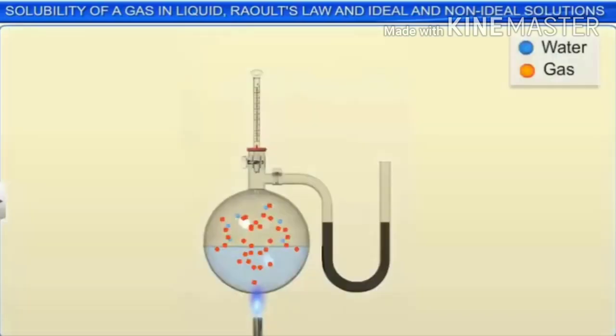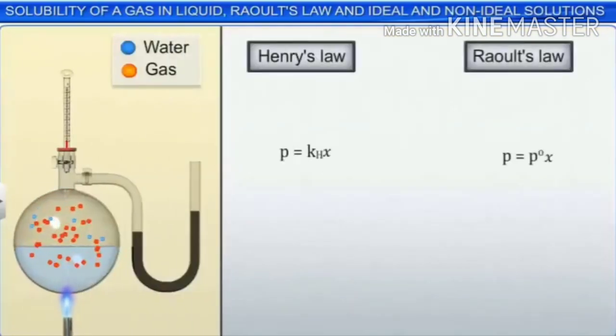Now, if one of the components in the binary solution is considered to be highly volatile, such that it exists as a gas, then, as you know, its solubility is given by Henry's law, P = KH x.